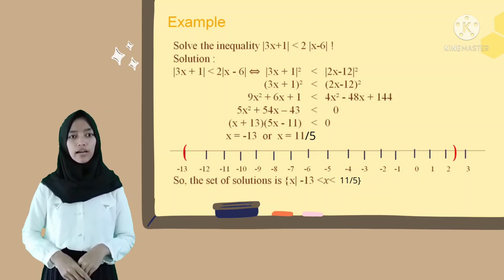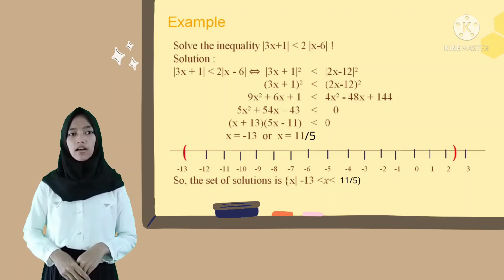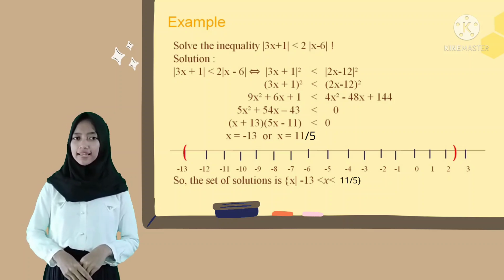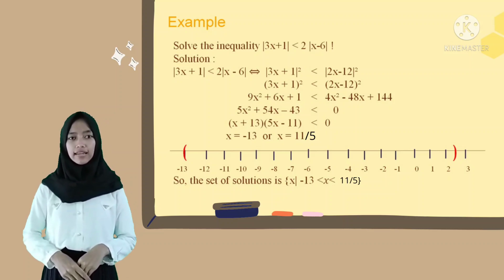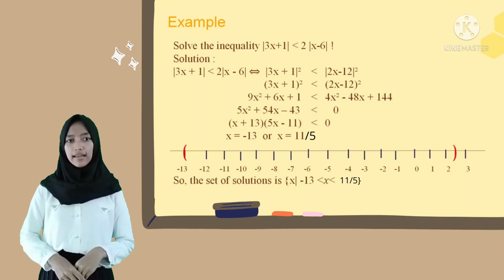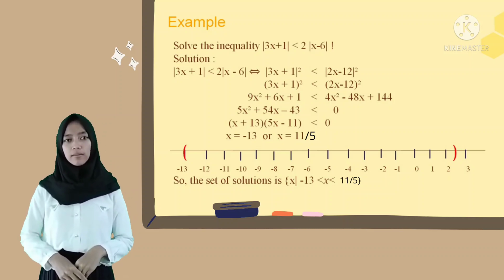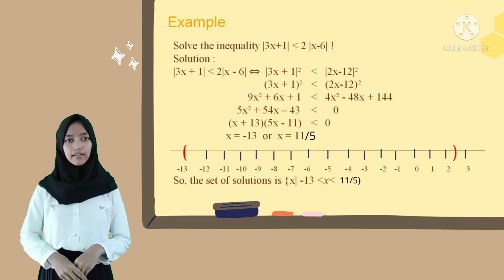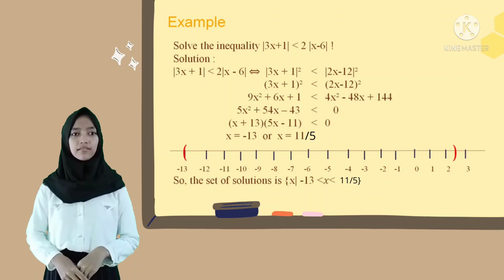After that, we calculate and get 9x squared plus 6x plus 1 less than 4x squared minus 48x plus 144, then 5x squared plus 54x minus 143 less than 0.